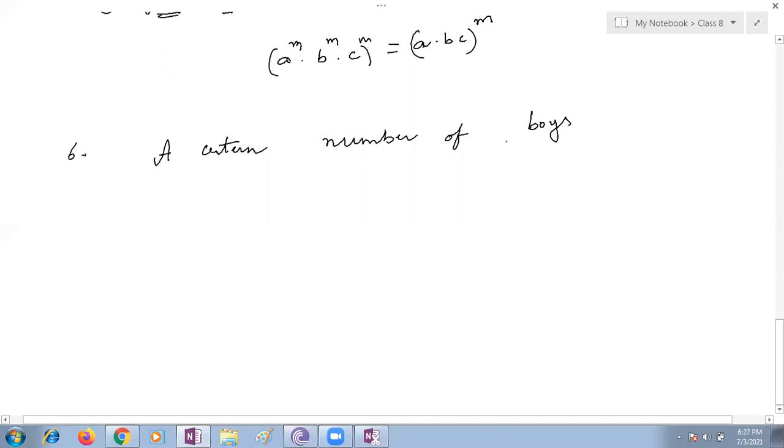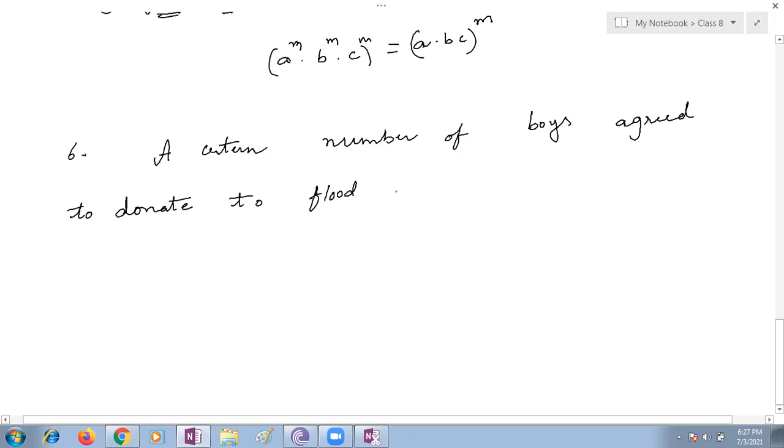A certain number of boys agreed to donate. Ma'am, we will try this first ourselves. Donate to a flood relief camp. What is meant by flood, children? Where do floods happen?